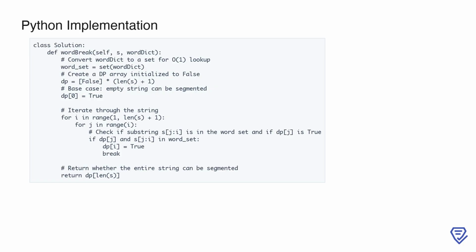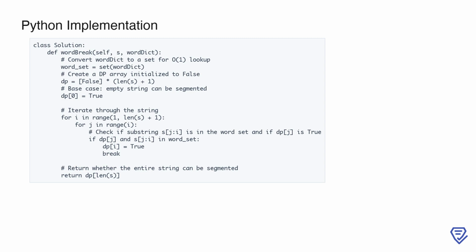If the substring s[j:i] exists in word_set and dp[j] is true, it means s[0:i] can be segmented, so dp[i] is set to true. The algorithm short-circuits the inner loop using a break statement once dp[i] becomes true, avoiding unnecessary checks. Finally, the value of dp[len(s)] is returned. This value indicates whether the entire string s can be segmented into dictionary words.